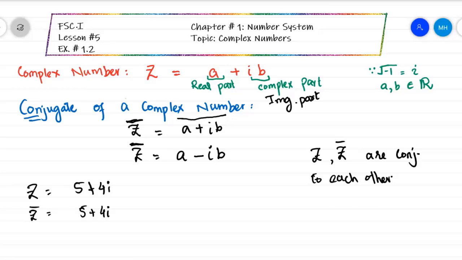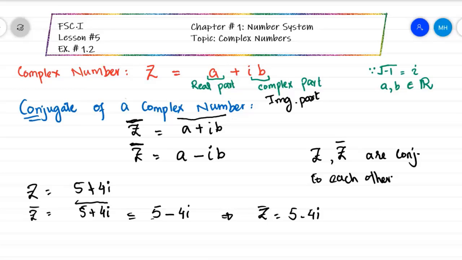It will change only the imaginary part. 5 is the real part, so I take it as it is, and 4 iota with a plus sign, I write with a negative sign: minus 4 iota. So the conjugate of the complex number z equals 5 plus 4 iota is 5 minus 4 iota. In this pattern you have to find any conjugate in your exercise.